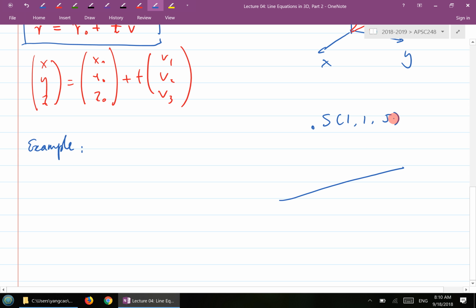So we are given a point S, here are the coordinates for S, and also a line L with a parametric equation.